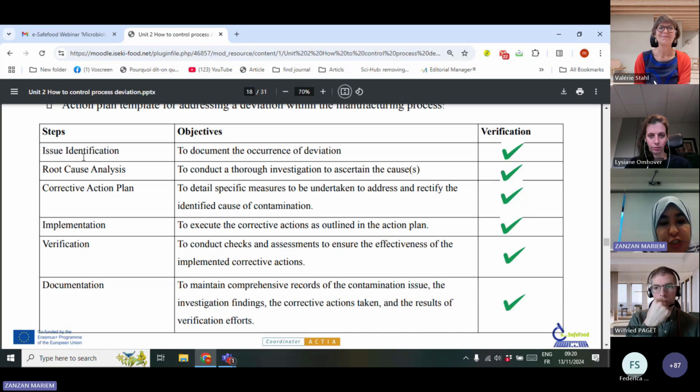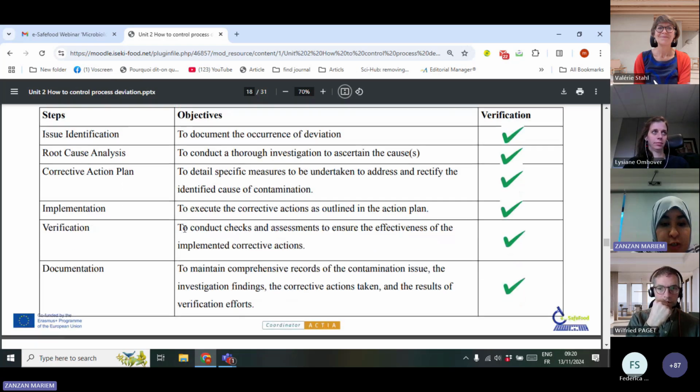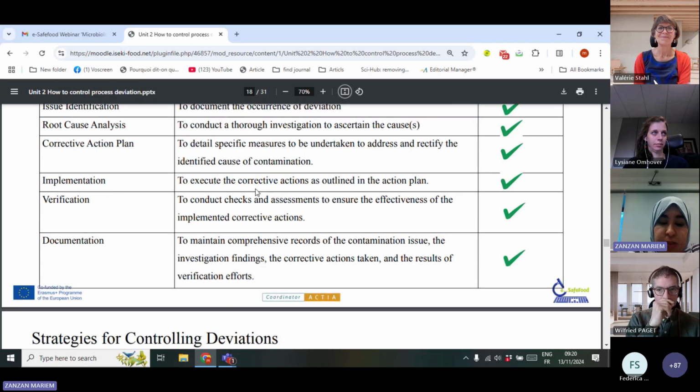Then corrective action plans, to detail the specific measures of this corrective action. And then we execute the corrective action. After that, we do a verification. And finally, documentation, which means to maintain a comprehensive record of the contamination issue, the investigation findings, the corrective action taken, and the results of the verification effort.